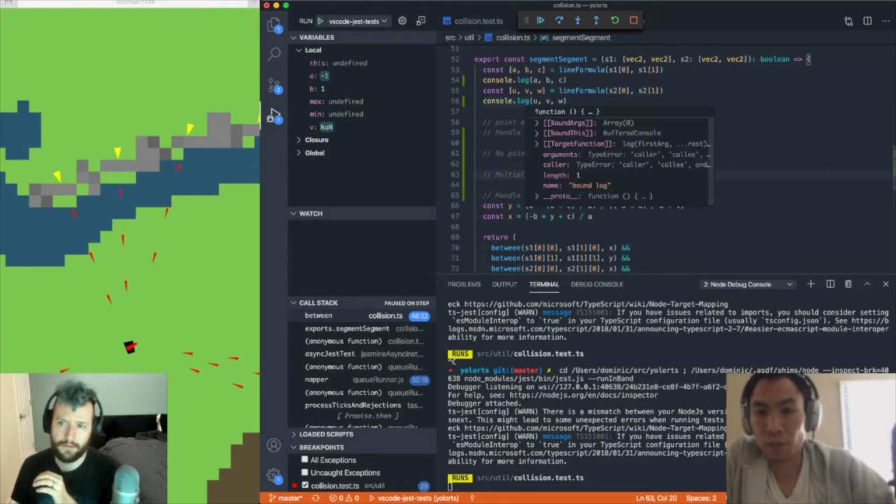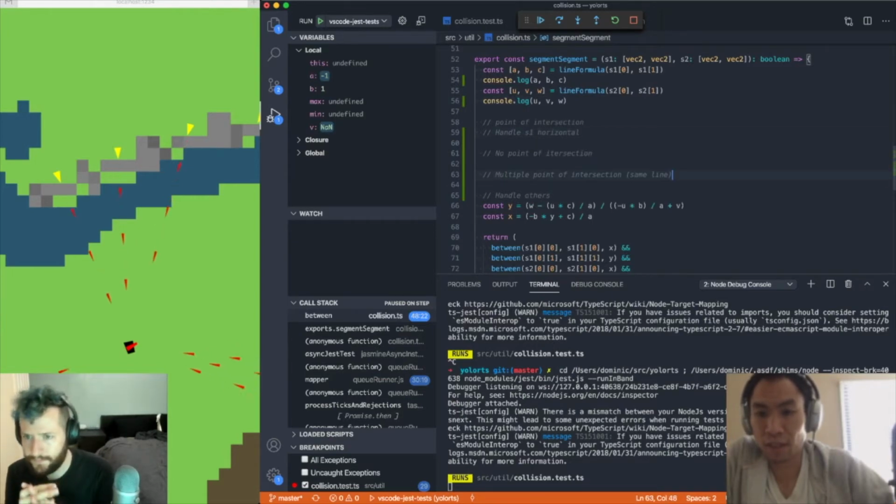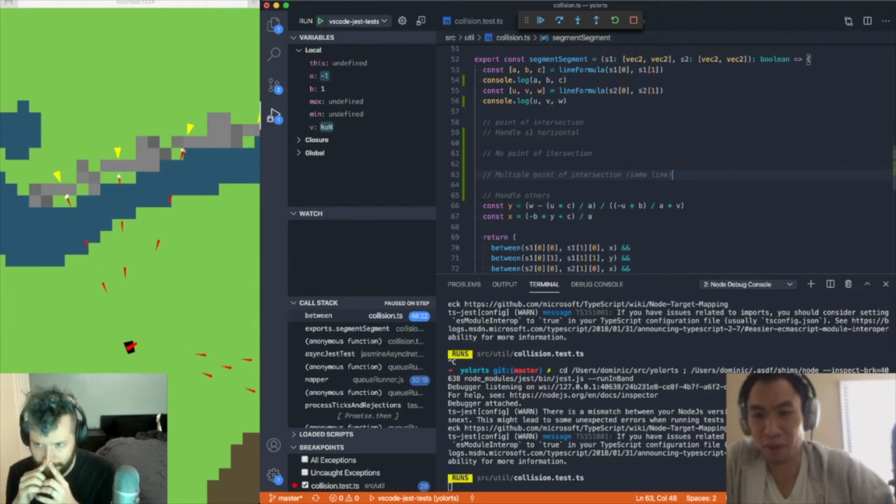So it's pretty tricky. That denominator, negative u times b divided by a plus v, there's a ton of different situations where that might equal 0. It basically equals 0 if u times b divided by a, or negative u times b divided by a, is equal to v.